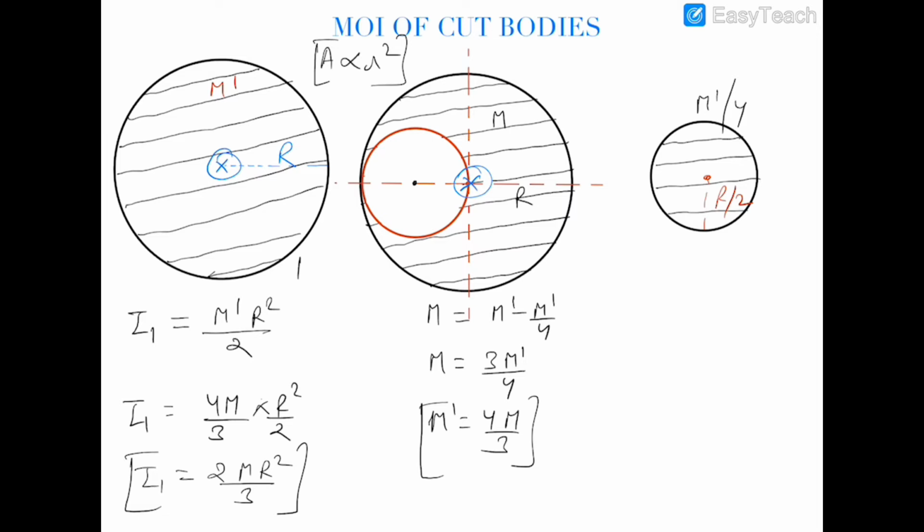Now we have to find out the moment of inertia of this smaller disk about the same axis. Now if we fit this disk at this cavity, then this axis would be touching this disk from its periphery, and this would be the axis.